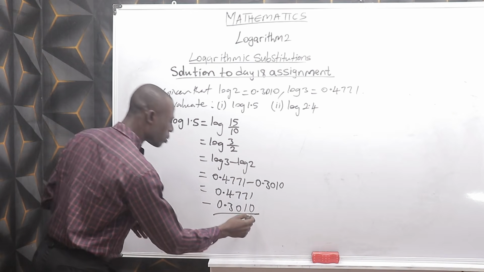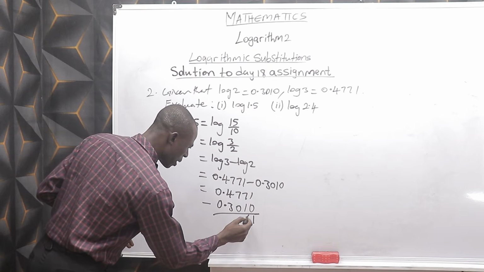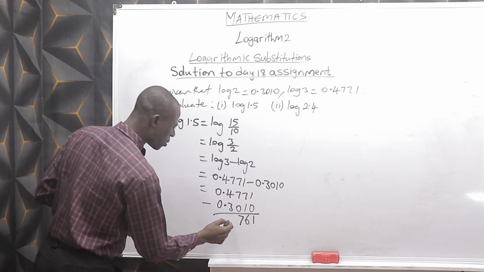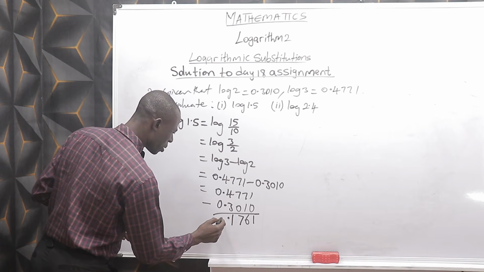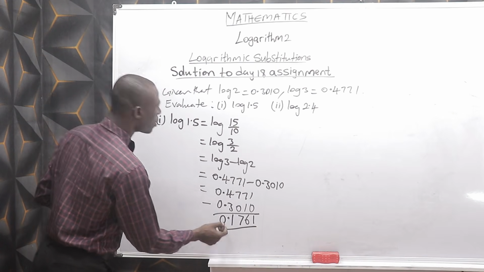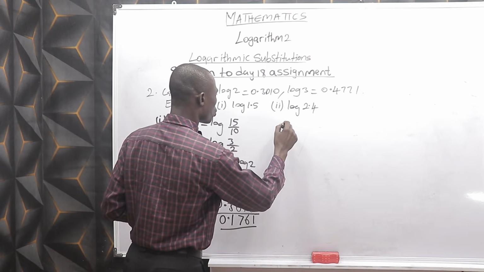Subtracting 0 from 1, you get 1. Subtracting 1 from 7, you get 6. 0 from 7, 7. 3 from 4 is 1. So 0.1761. And that is the end of Roman figure 1. Roman figure 2.